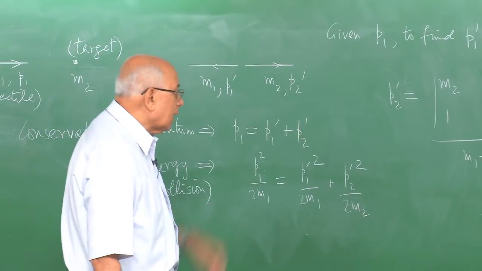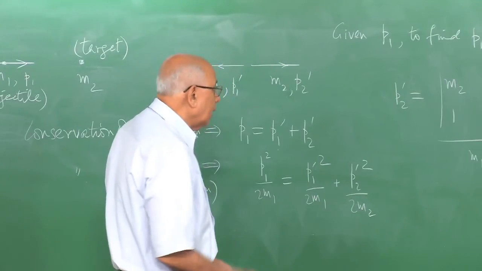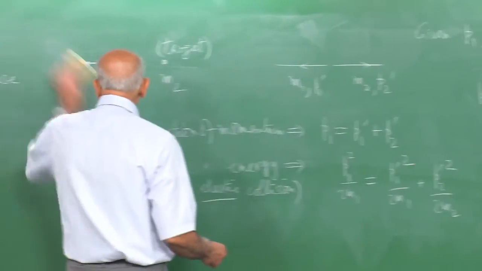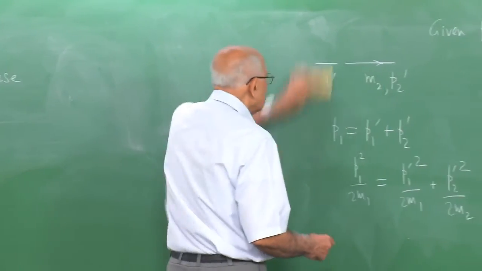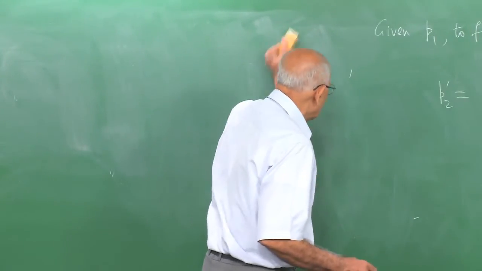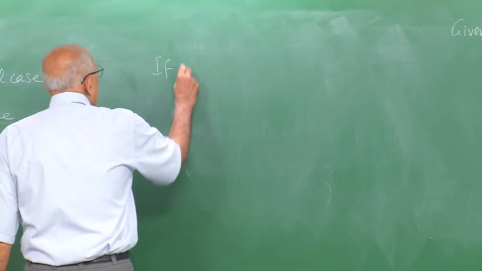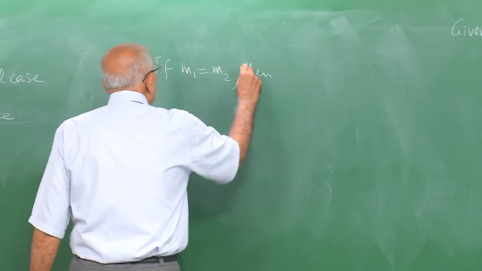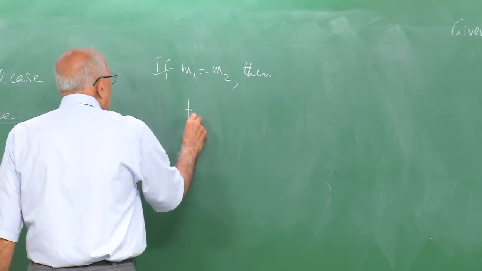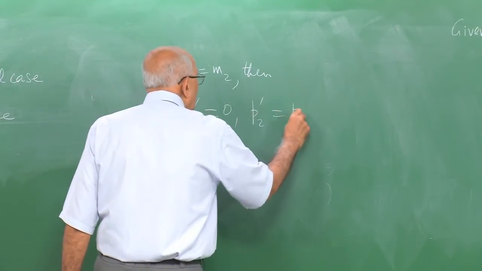We can actually extract some useful information from it. Incidentally, notice that if it should so happen that m1 is equal to m2, then P1 prime is equal to 0 and P2 prime is equal to P1.